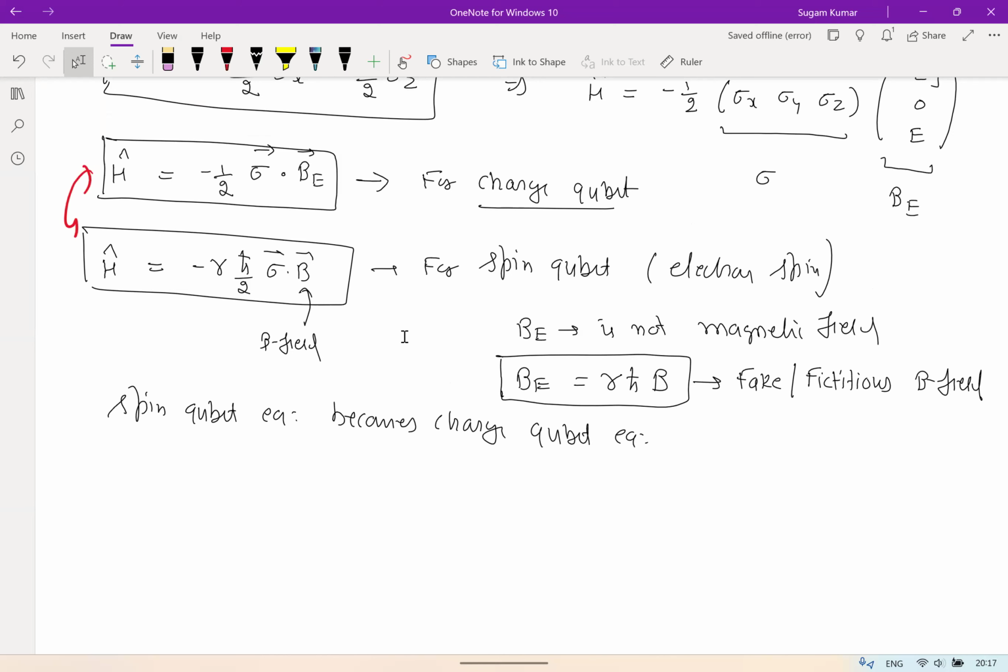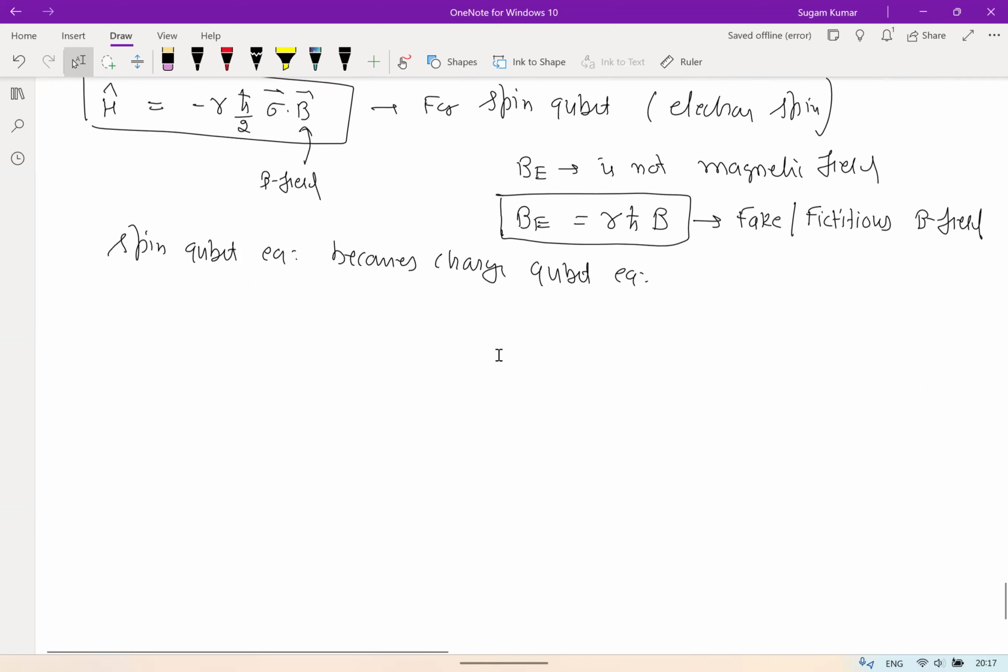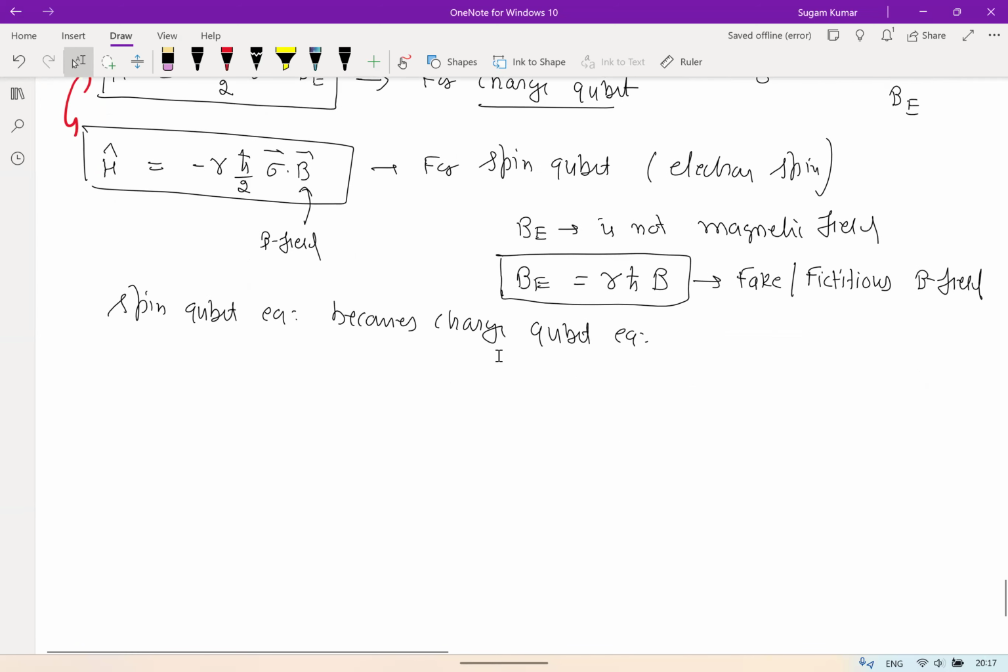This is going to behave like a charge qubit, and all the mathematics we have done till date from the spin qubit applies. So for example, the Bloch sphere.